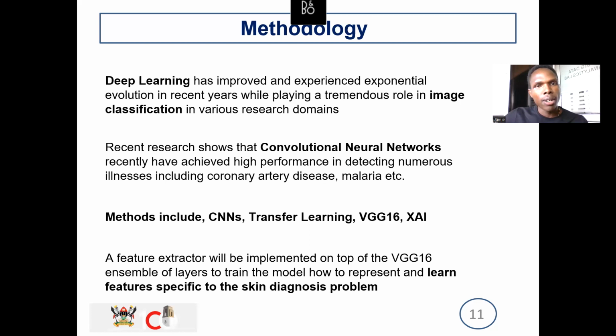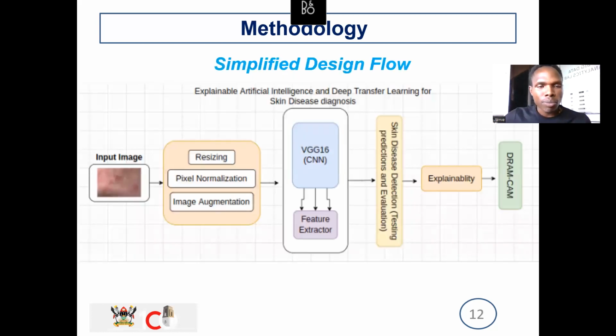The other part of this methodology is how we are going to use these tools to carry out the research. So the first thing we're going to do is get the data from a dummy data set source, and then we're going to pass this data through a pipeline, and this data will undergo a process called data preprocessing.